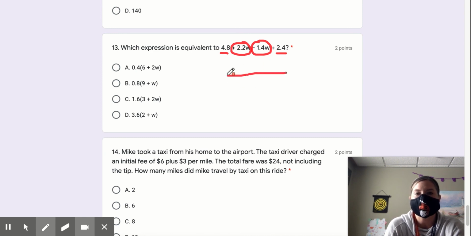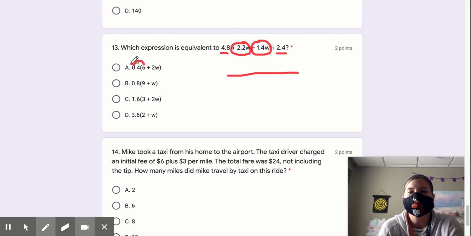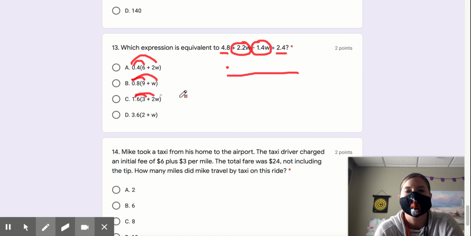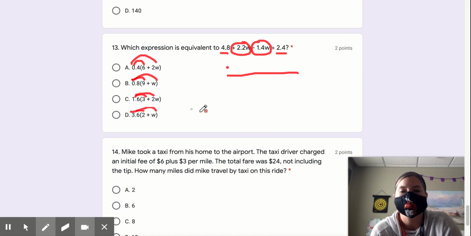You're going to get an answer. And these, in order to see which one is correct, you're going to have to distribute to see which one matches. So this is kind of like a two-stepper that you have to do here, okay? Whatever you get here should match what you get over here. And distribute that one to see which one makes the most sense.